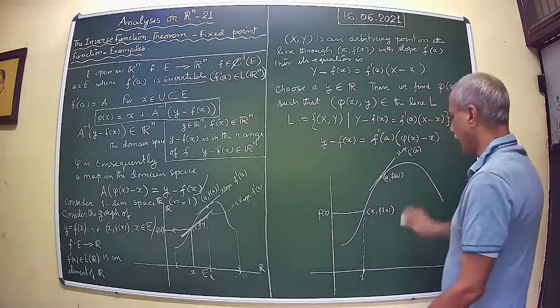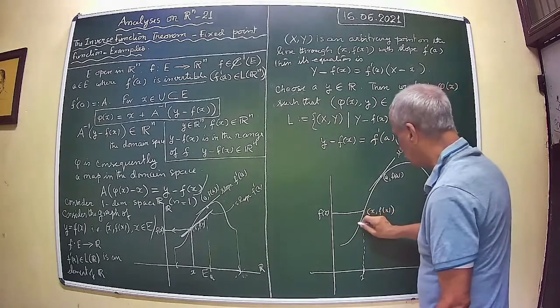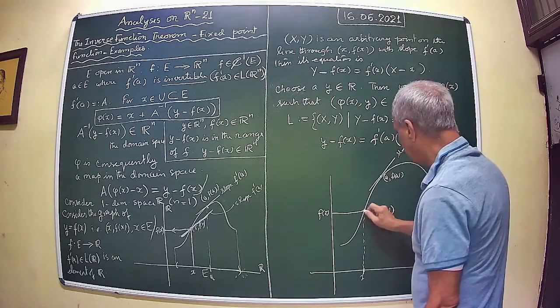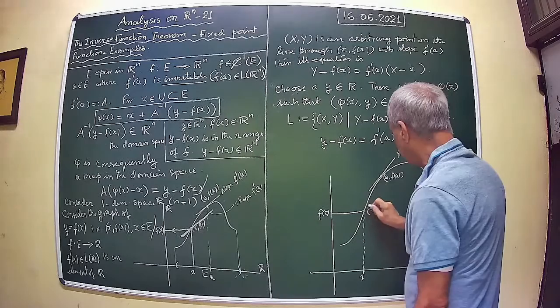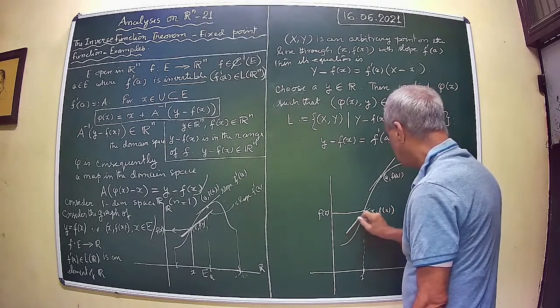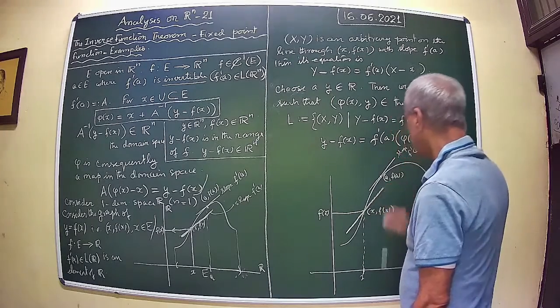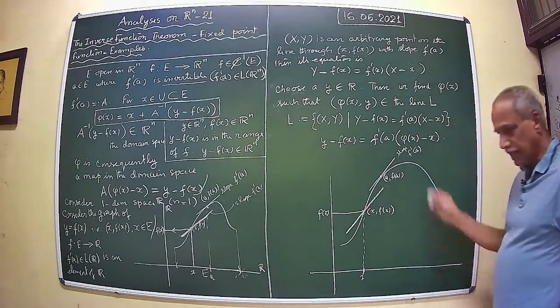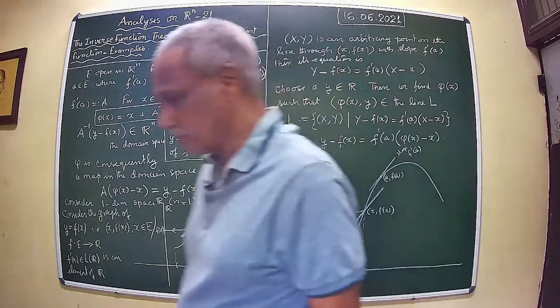this particular line L is this, passing through the point and having slope the same as this line. This is the line that we are looking at.